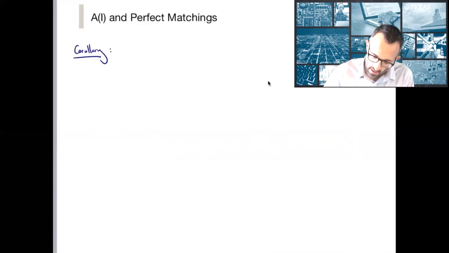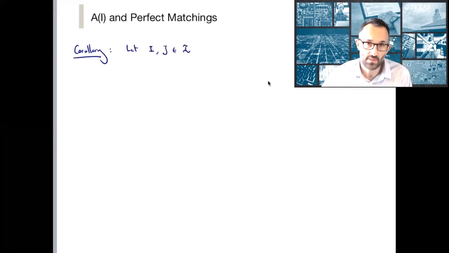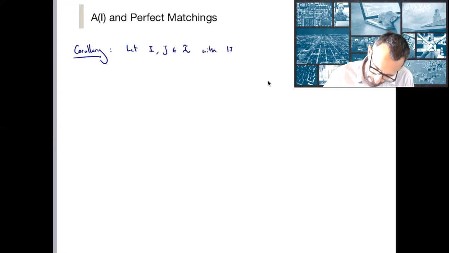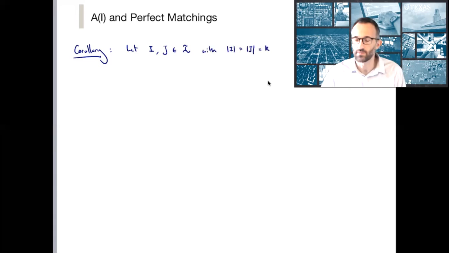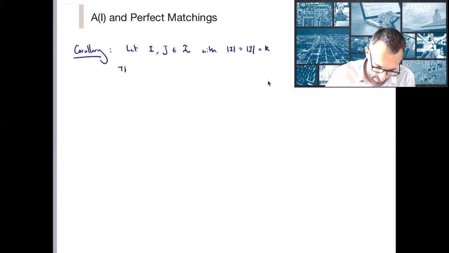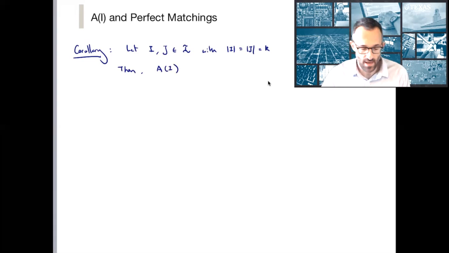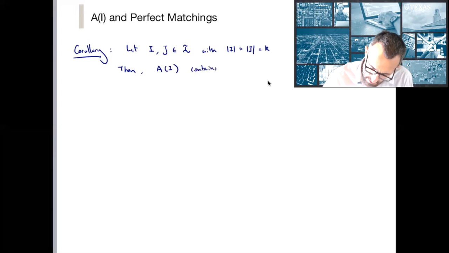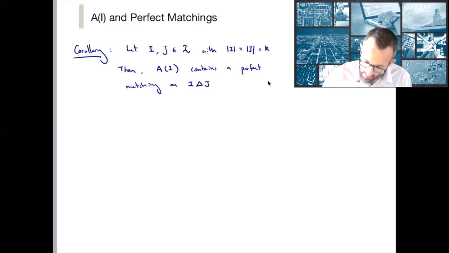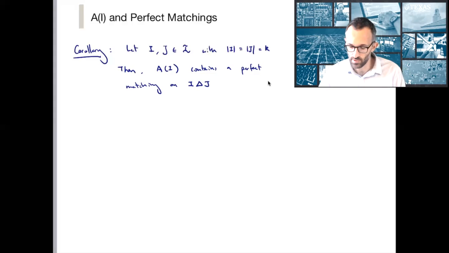So the result is the following. Let I and J be independent sets that are of the same size, and let's call that size K. Then this graph, in particular the arc set A of I, contains a perfect matching on the symmetric difference between I and J. So in other words, look at the elements that are in I but not in J, union the elements that are in J but not in I, there's going to be a matching by edges.